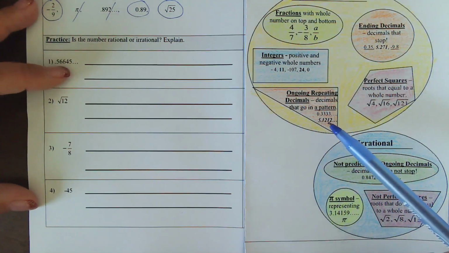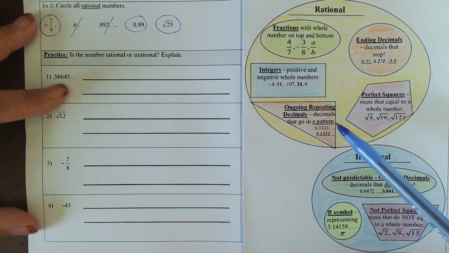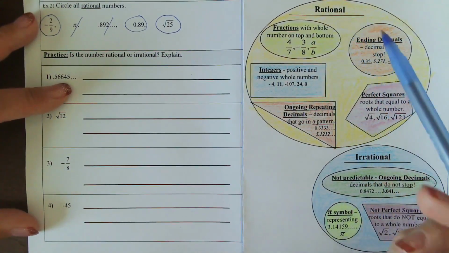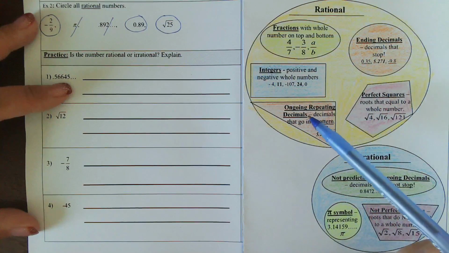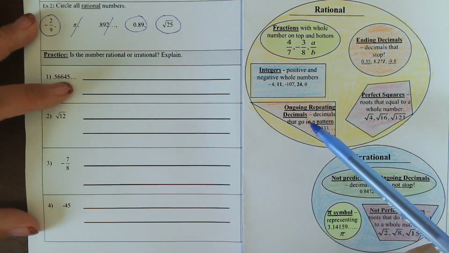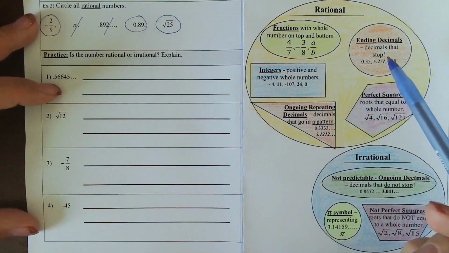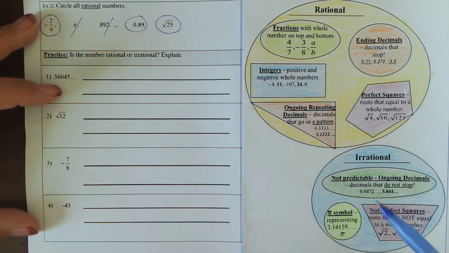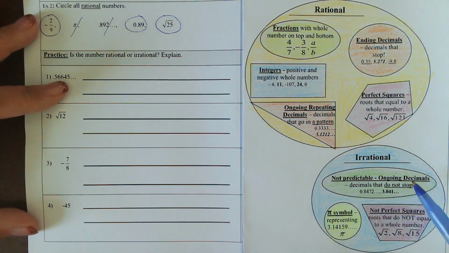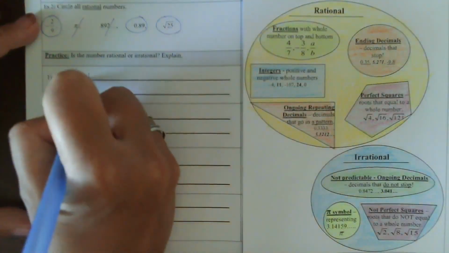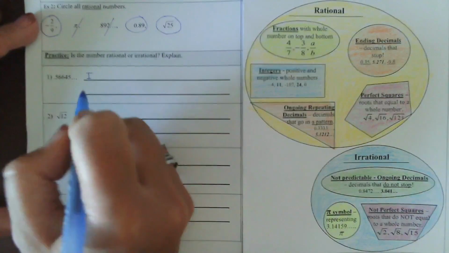This one does not repeat. So for decimals to be rational, it has to stop or have a pattern. What if that's a no and that's a no? Then it becomes irrational because it's ongoing and it's not predictable. So this one is an irrational number.